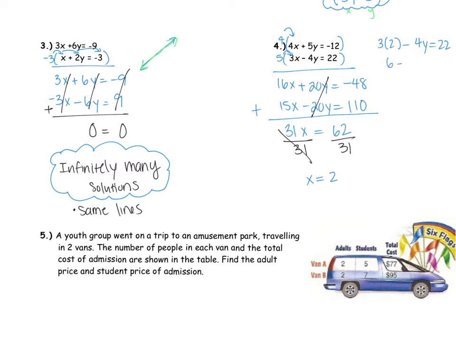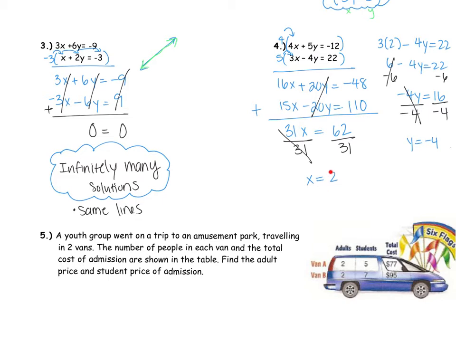So this would be 6 minus 4y equals 22. I'm going to subtract over the 6, and this would be negative 4y equals 22 minus 6 gives me 16. So if I divide by negative 4 to cancel out that negative 4, I have to divide it to the other side, and y is equal to 16 divided by negative 4, which is negative 4.